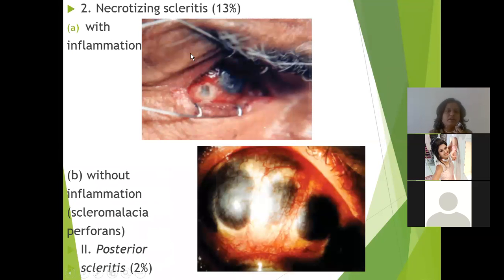Second is necrotizing scleritis, 15%, with inflammation. And second is B, that is without inflammation. This is a diagrammatic presentation of necrotizing scleritis without inflammation, that is scleromalacia perforans. And second is posterior scleritis, which is seen only in 2%.